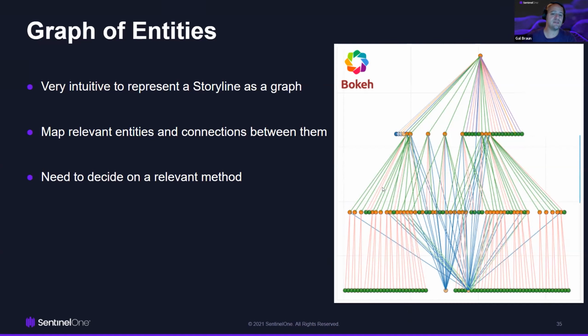Most of the entities and connection definitions already exist through the nature of our deep visibility data. So we need to decide on interesting information and the method to process the graph.